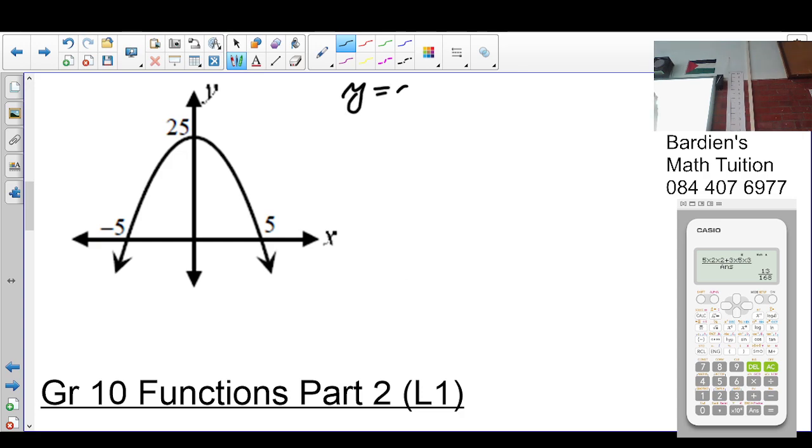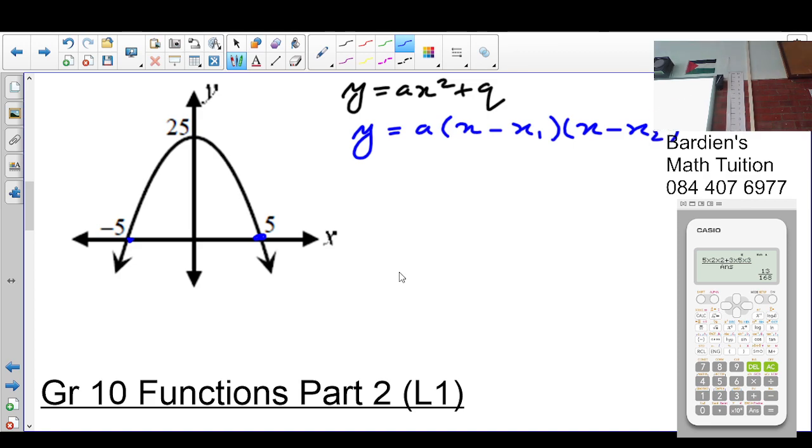So we have y is equal to ax squared plus q. That's the standard form they wanted. Because you are given x-intercepts, what do we do? Y is equal to a into (x minus x1)(x minus x2). If this is x1 and this is x2, so y is equal to a into (x plus 5)(x minus 5).